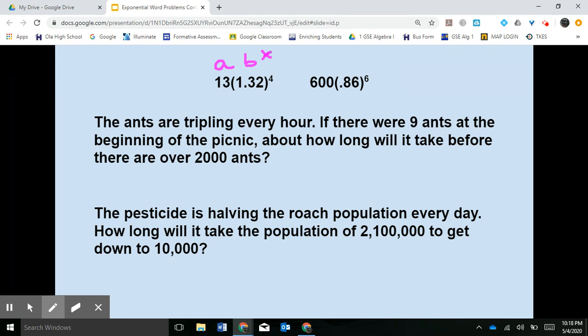This would be considered a growth. If you had to distinguish between both of them, this would be a growth because of the 1.32. It's greater than 1, so it's a growth. This would be considered a decay because of the 0.86. If I asked, what is the rate of decay? You would not say 0.86, because it started off at 1.